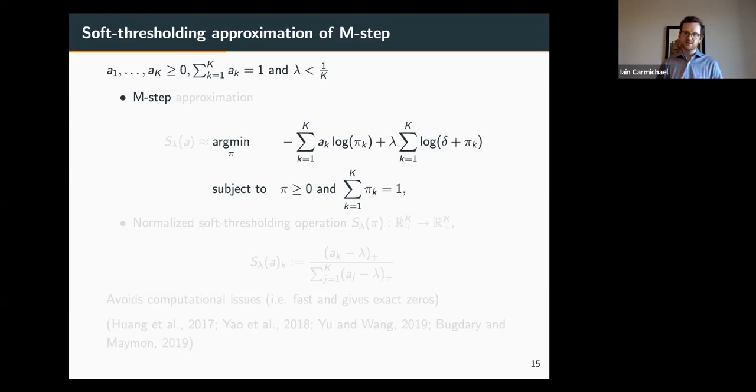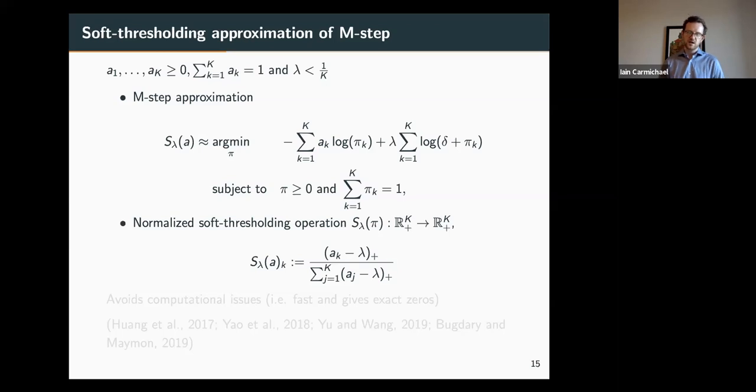This is a non-convex problem. The first term is convex, the second term is concave, so we shouldn't expect a nice solution. Finding the global minimizer of this I don't claim is easy, but it turns out there's a nice soft thresholding approximation.